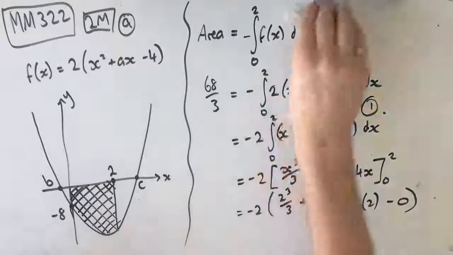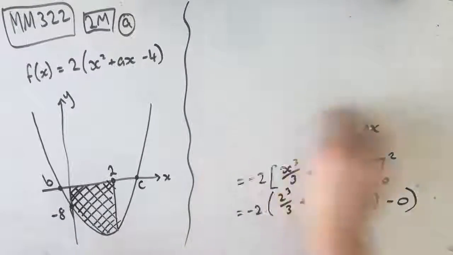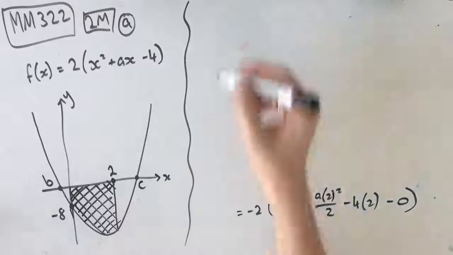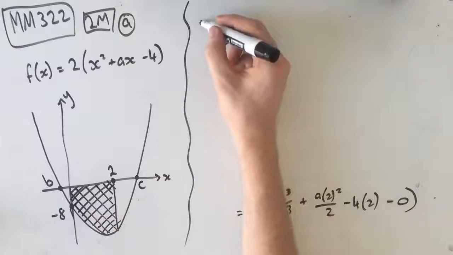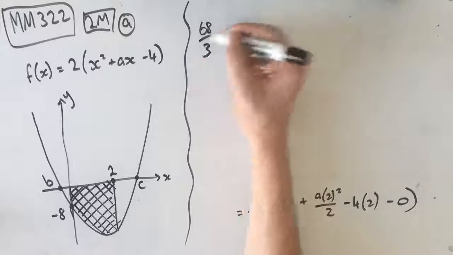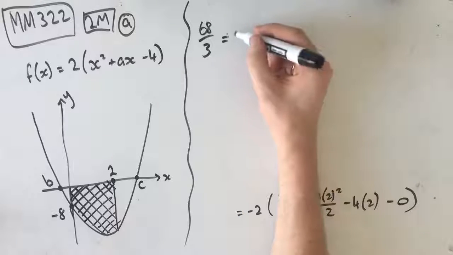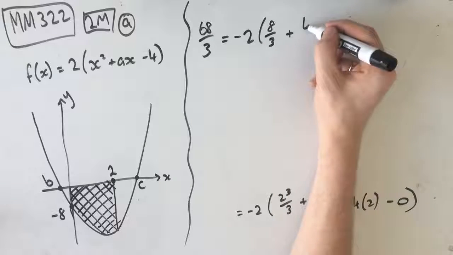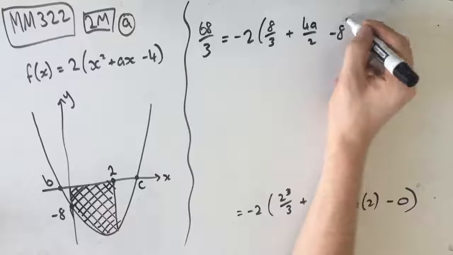So then what we get, actually, you know what? Let's move up to the top. Then what we get, sorry, 68 on 3 is equal to negative 2 outside of 8 on 3 plus 4a on 2 minus 8.